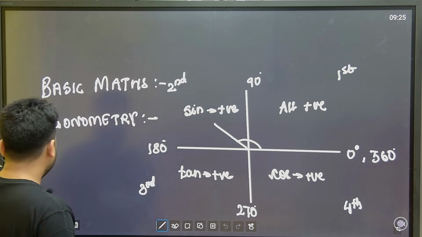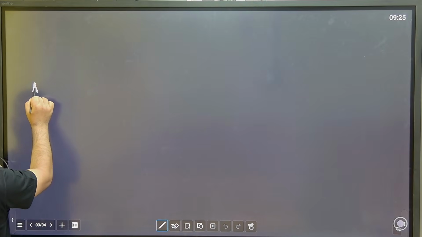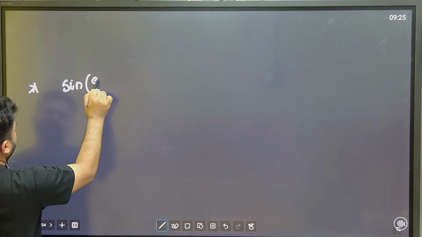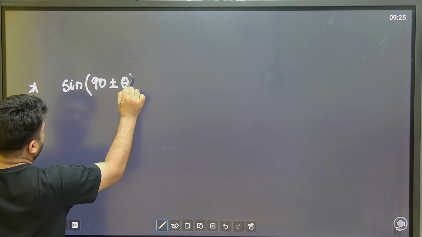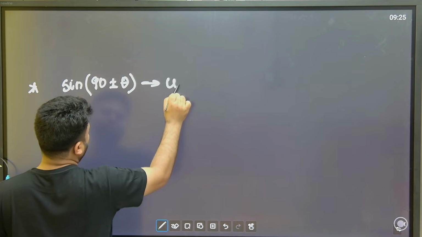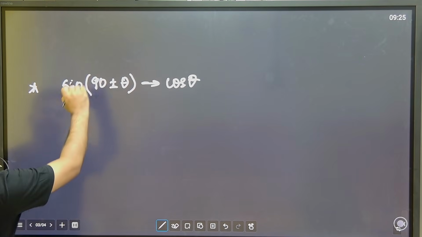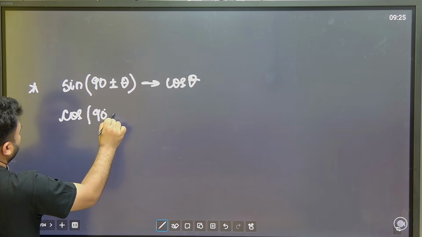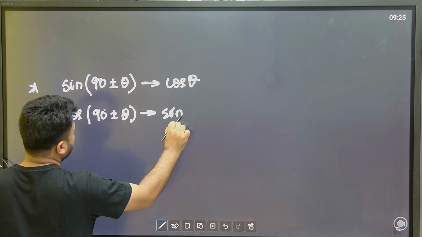Correct? Now we have another concept which says that sine of 90 degree plus minus theta equals cos theta. Similarly, cos of 90 degree plus minus theta equals sine theta.